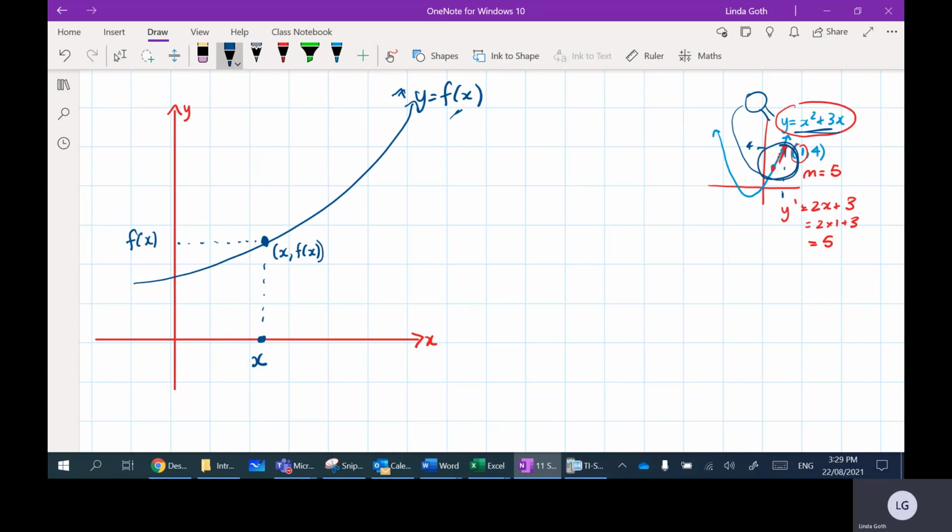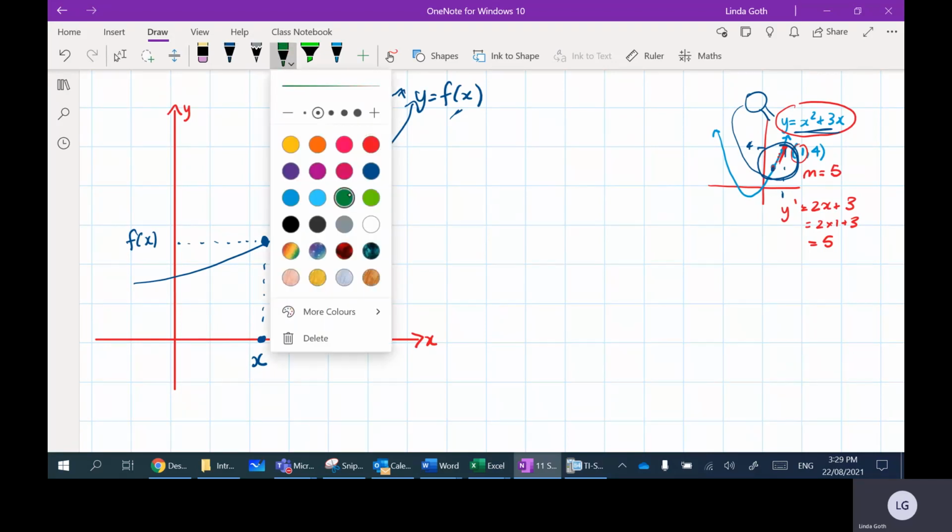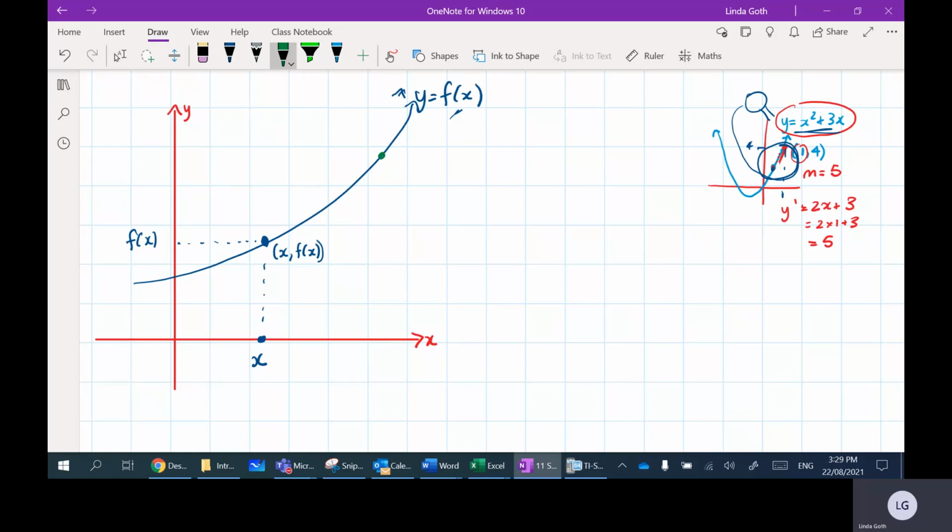Now, when we did this earlier, we took another point that was close to it, and then we found the gradient of the line between those 2 points. So I'm going to do that. I'm going to find another point on this curve, and I'm going to create a line between these 2 points and find its gradient and see what happens.